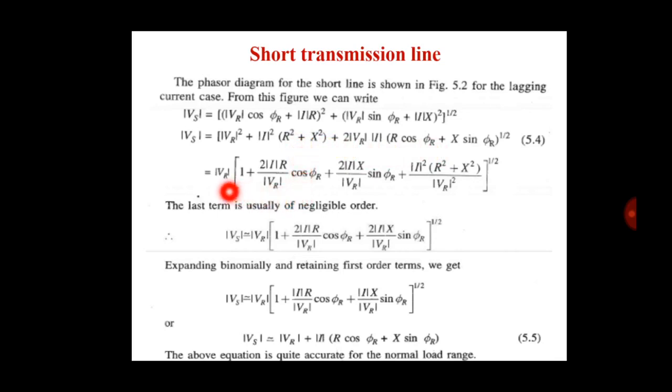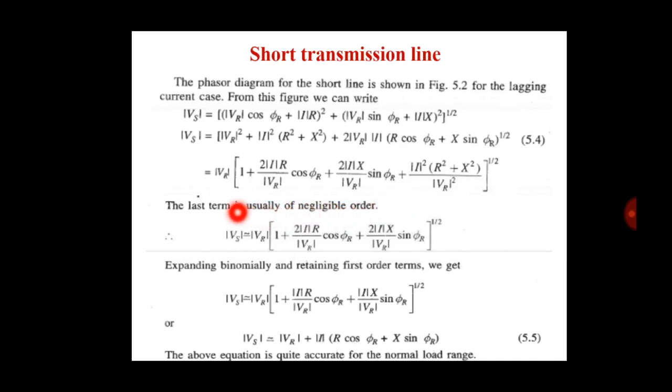Now VR is common in both terms. Here is 1 plus 2I into R divided by VR cos phi r plus 2I into x divided by VR sin phi r, plus I square in the bracket r square plus x square divided by VR square, whole square root.